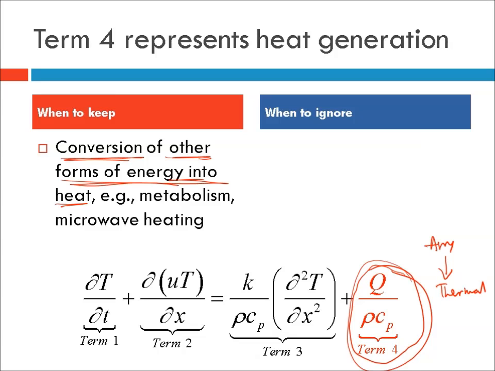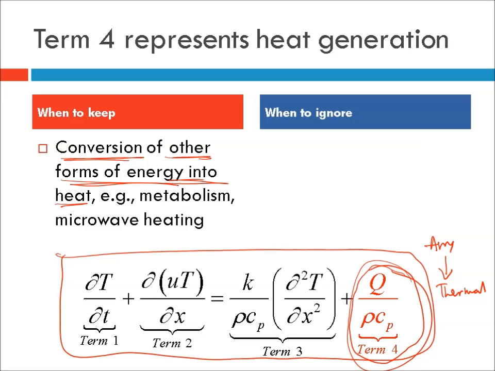So the way we are handling that is this equation is a balance of thermal energy. So if some other energy just gets converted into thermal energy, to us it's like, well, thermal energy seems to appear from nowhere. So we're going to put that in Q. Of course, energy cannot appear from nowhere. It has to be converted from another form.